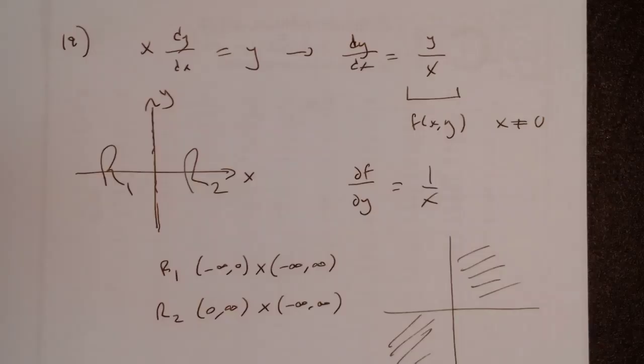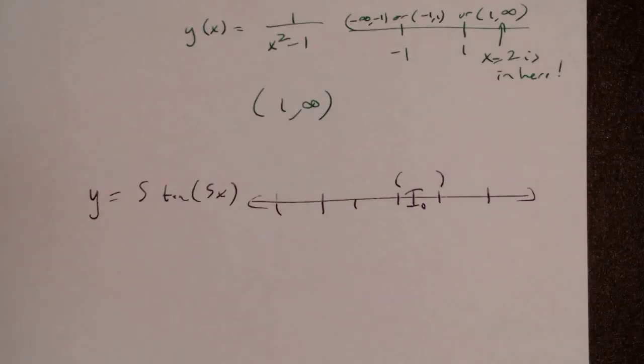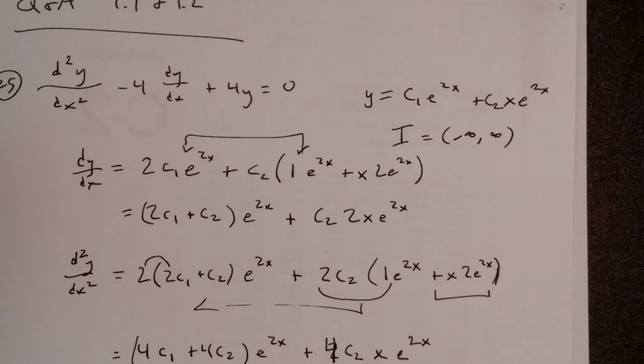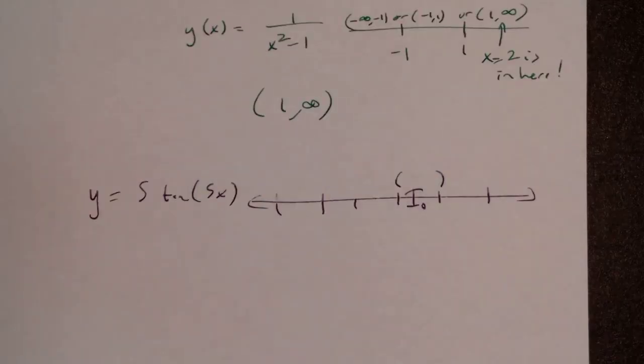Verify that we have a solution. Okay, wait a minute, how do I verify something as a solution? Take the derivative and start plugging and chugging. The first thing we're looking at is that tangent function. What's the derivative of tangent? Secant squared.